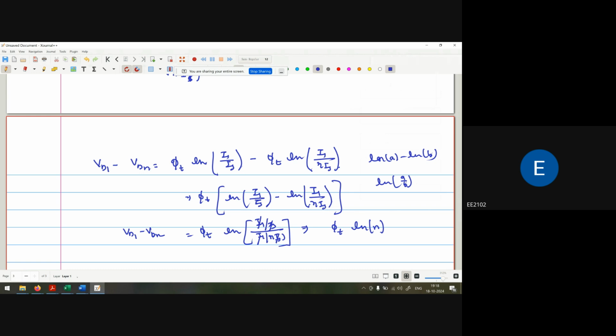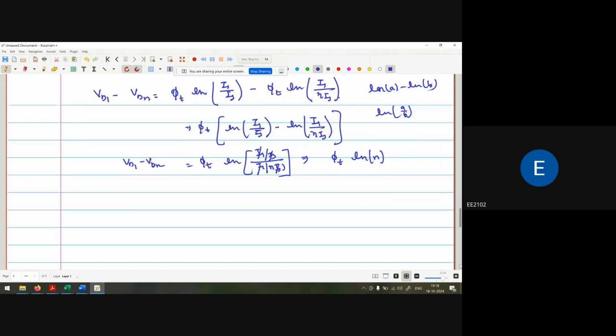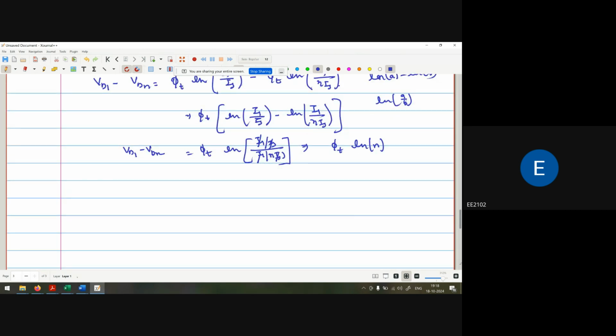Okay, now what is the value of phi t? Phi t is equal to kT by q. If I consider temperature as 300 Kelvin or 298 Kelvin, that is up to you.